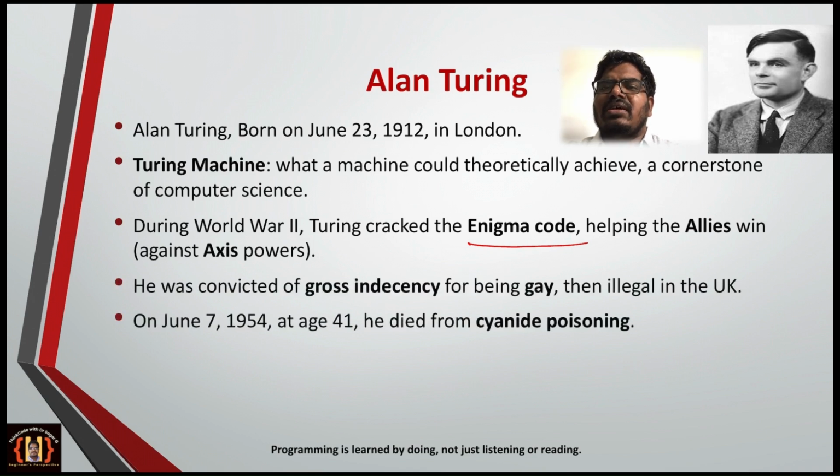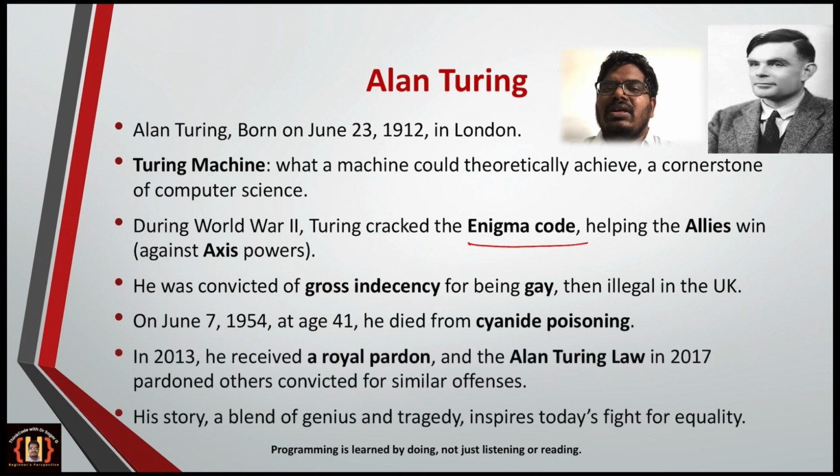He was convicted of gross indecency for being gay, which was illegal in the UK then. In 1954, at around 41 years of age, he died from cyanide poisoning. He was given an option of either going to prison or taking poison. He chose to take poison, and he died at the age of 41.